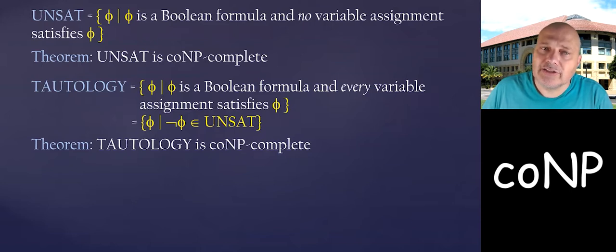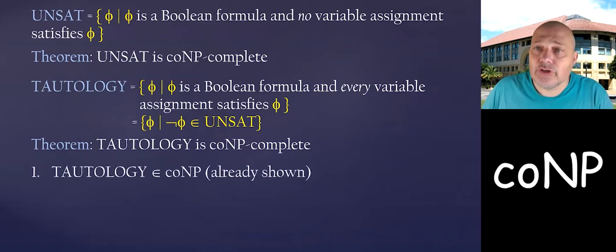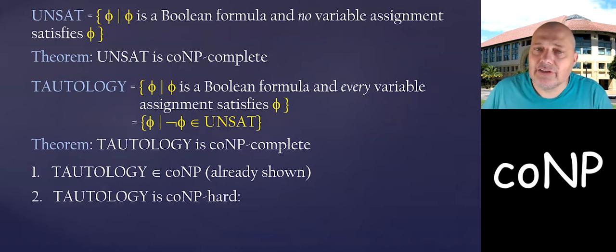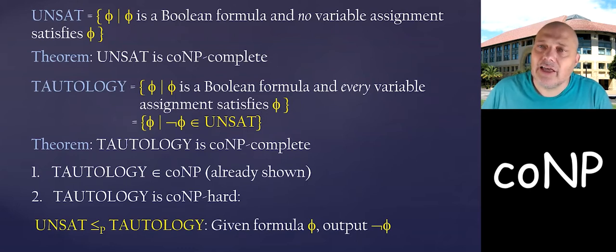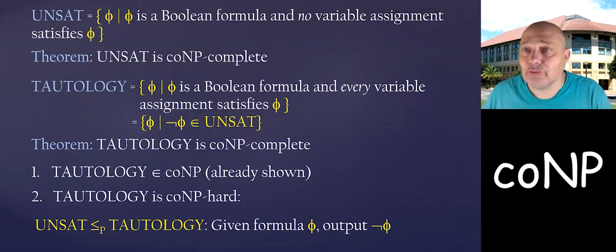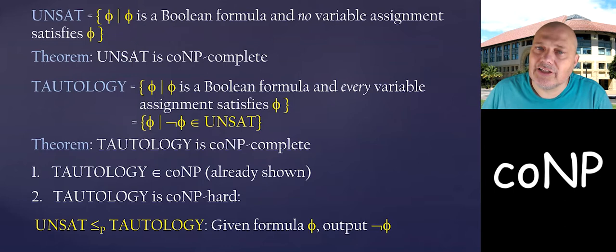Why? Tautology is in coNP, we have already shown it before. And tautology is coNP hard. The reduction is from ANSAT. ANSAT reduces in polynomial time to tautology. Given the formula phi, you just output not phi, because phi is in tautology if and only if not phi is in ANSAT.